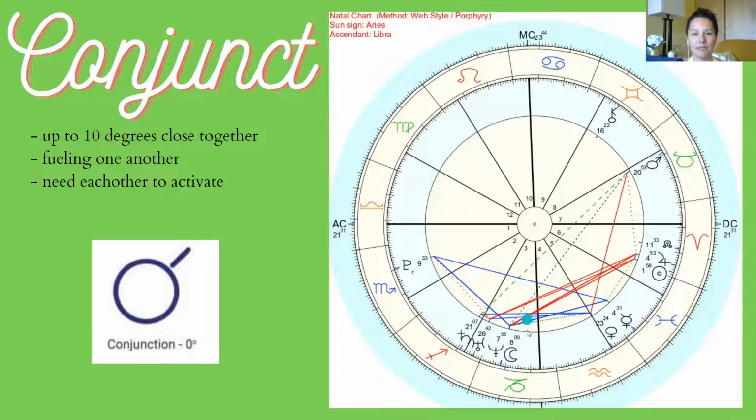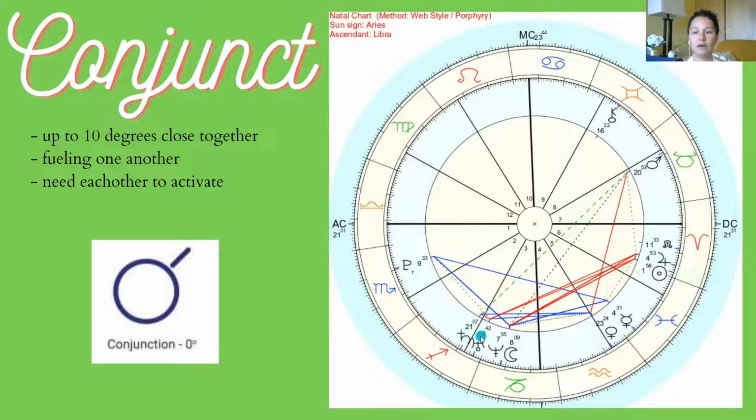We're going to start by looking at these lines. We've got these blue lines and these red lines, and those are the aspects.